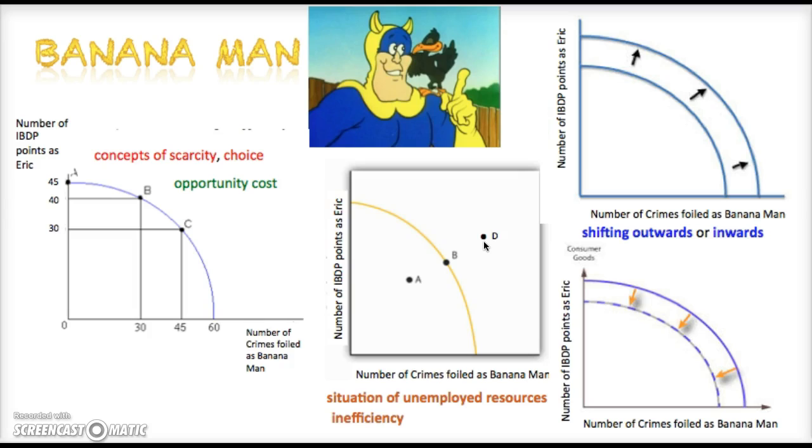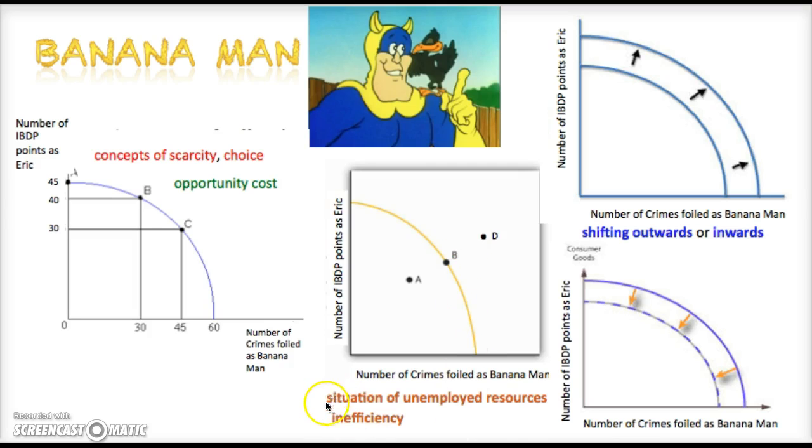It doesn't mean it's not possible in the future, as we'll see in a minute, but at point D, this is where maybe Eric wants to be. He's frustrated. He wants to fight more crime and he wants to do better at his IB points, but he can't at the moment, because he hasn't got enough capital, enough labor, enough entrepreneurship, enough land, maybe, depending on how you explain the story. So he wants to get to this point, but he can't at the moment.